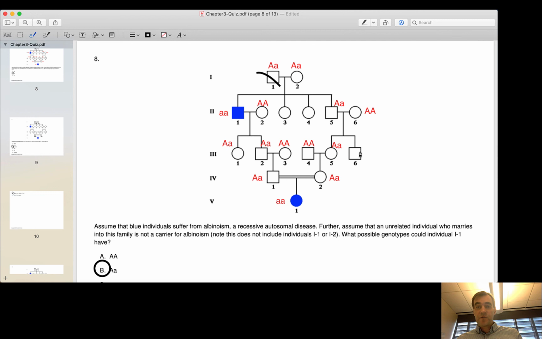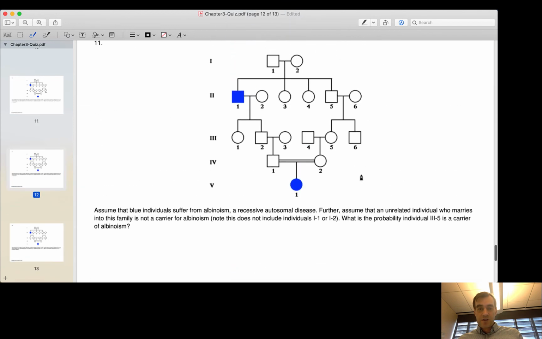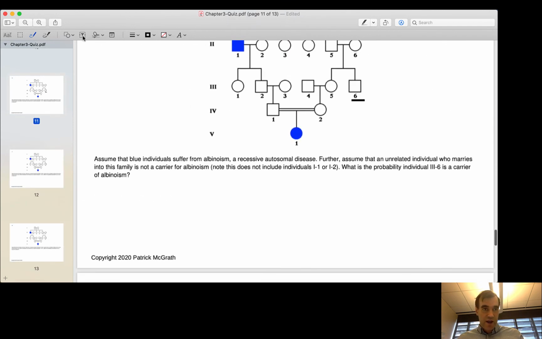So there's a 50% chance that this individual has albinism. We know that one of the two alleles is definitely going to be a big A. The mother is definitely going to provide a big A, but the father is either going to provide a big A or a little a. So there's a 50% chance that this individual is a carrier. So the answer to this is 1/2.